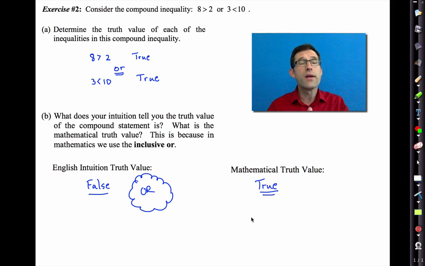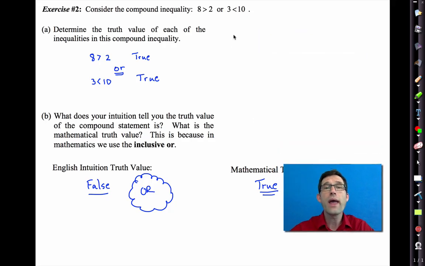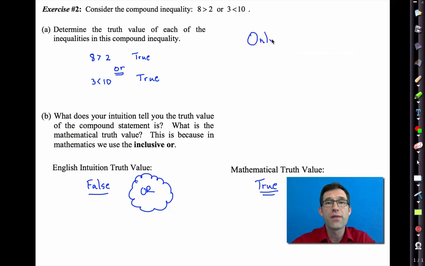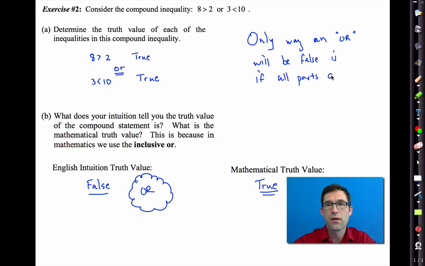So the better way to think about it, the only way an or will be false is if all parts are false.